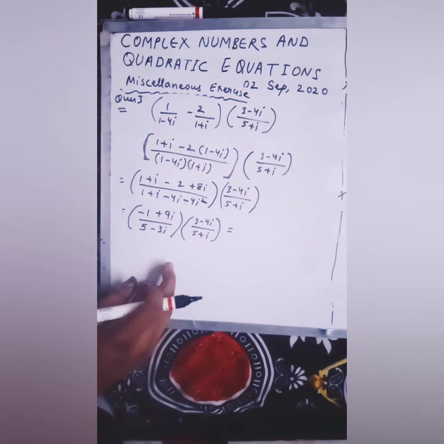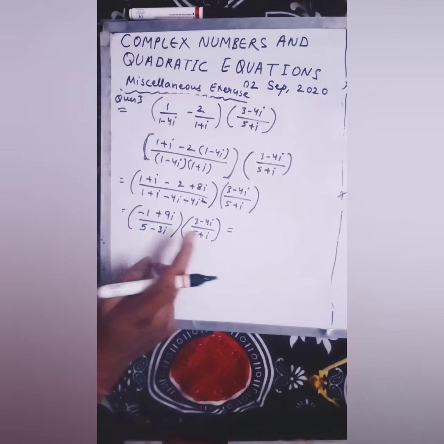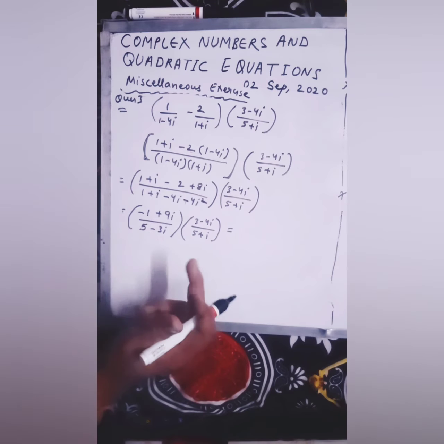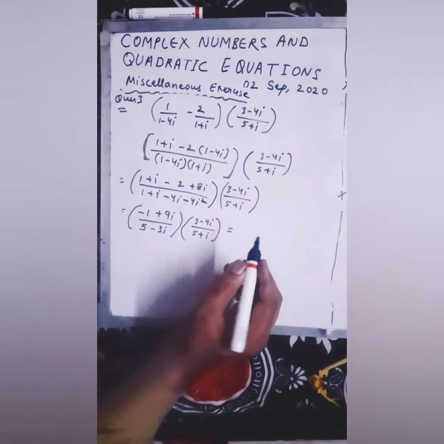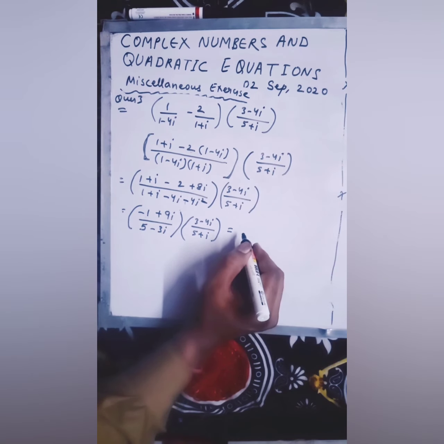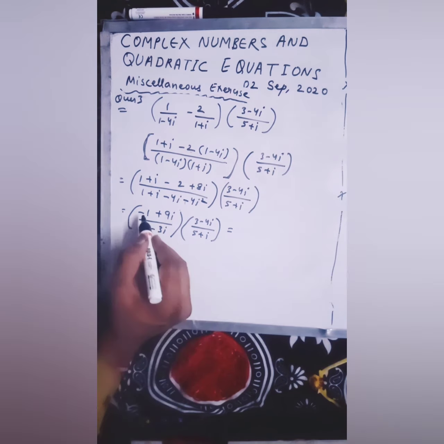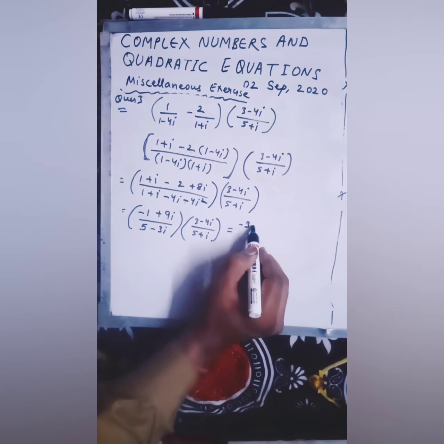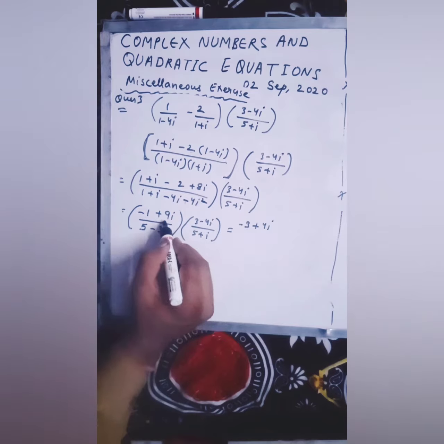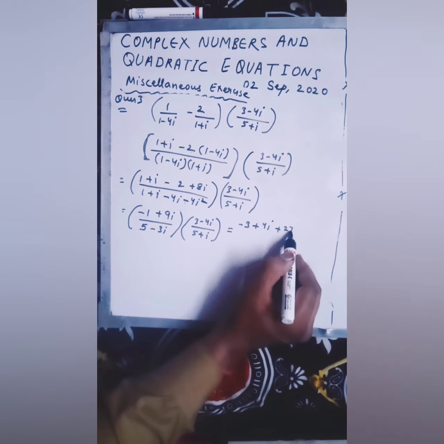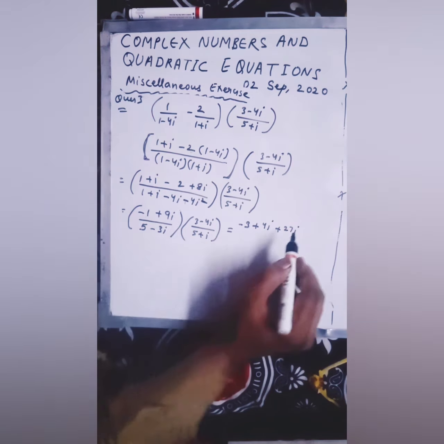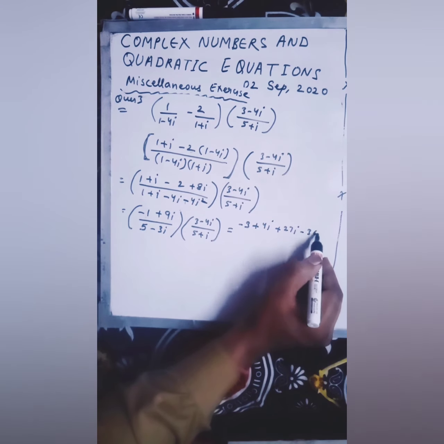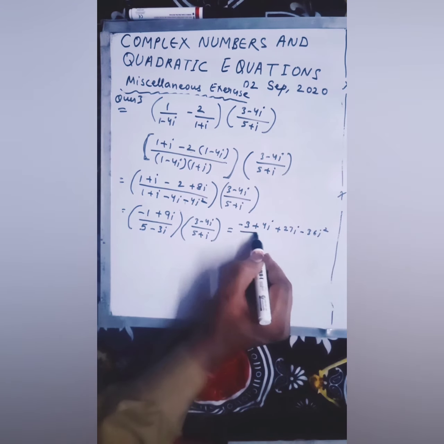That is equals. Now what we have to do, we have to multiply the numerator with numerator and denominator with denominator. So this into this, it would be minus 3, plus 4 iota, plus 27 iota, minus 36 iota square.